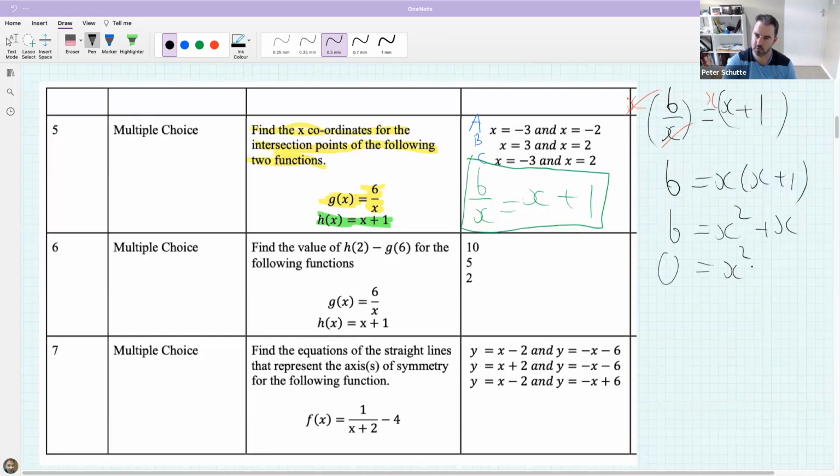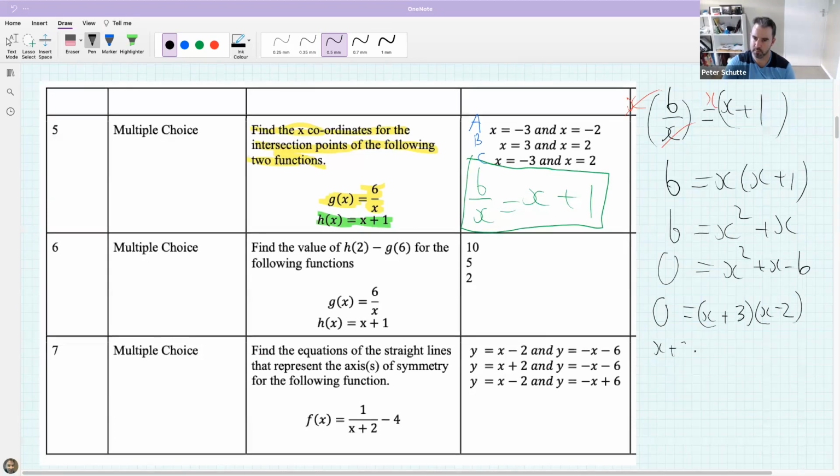And then what you need to do is move everything to one side. So you need to solve that. And then you've got the choice of the quadratic formula, or if you're feeling confident in your factorizing, and this is not too bad, 3 and 2 make 6. And I'll make that a plus and that a minus.